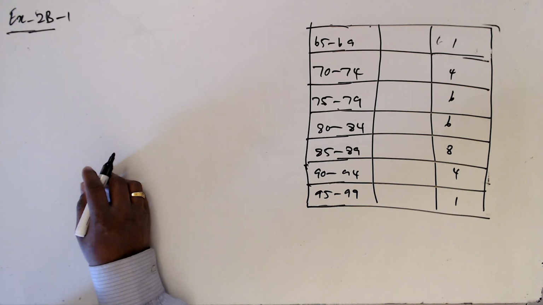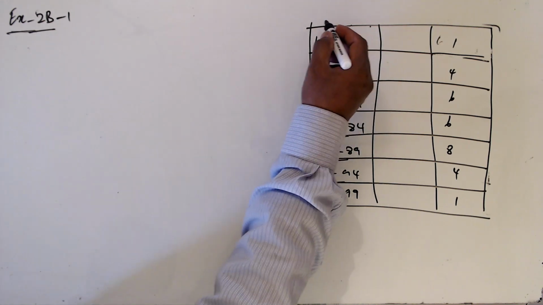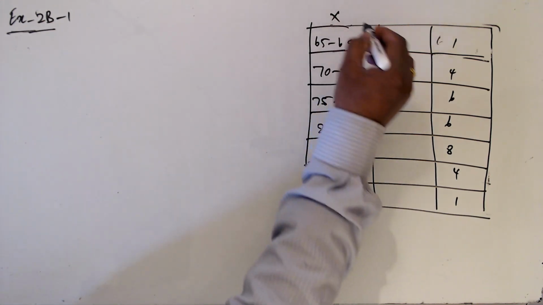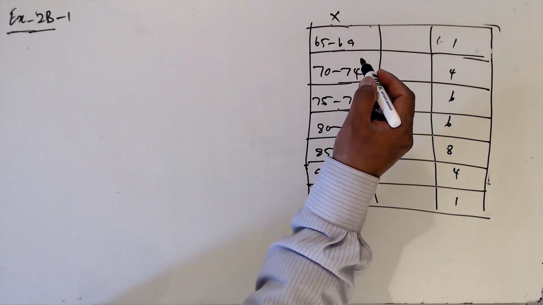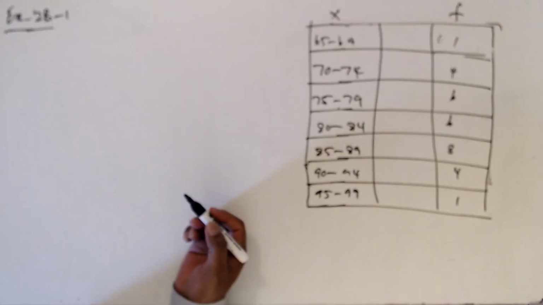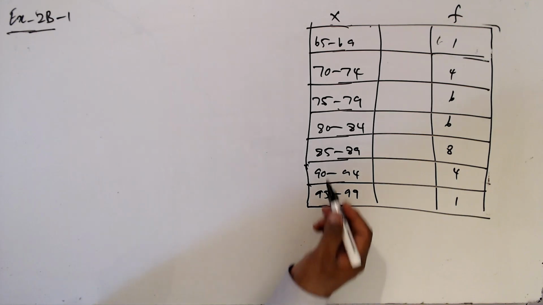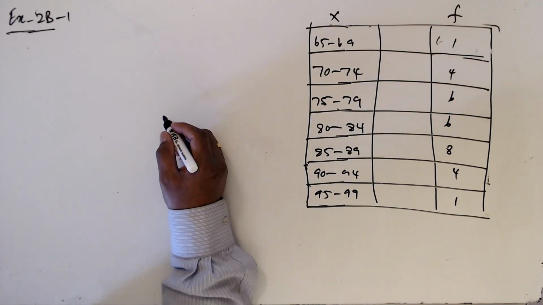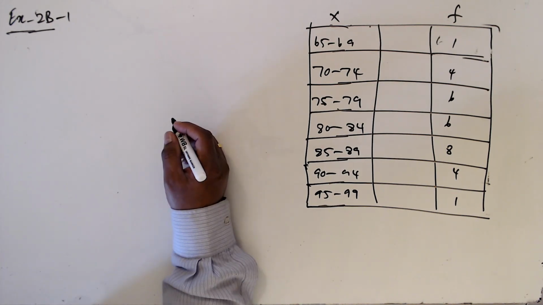Question number 2. The noise level of 30 locations, and this is decibels, the variable x, and this is the frequency. Within this data, is this variable a continuous variable or a discrete variable? Yeah, decibel can be any number.